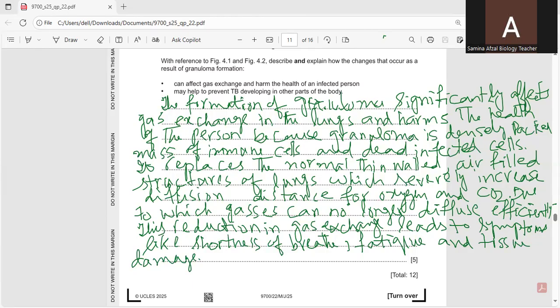Now, the second part, how granuloma acts as a biological barrier.